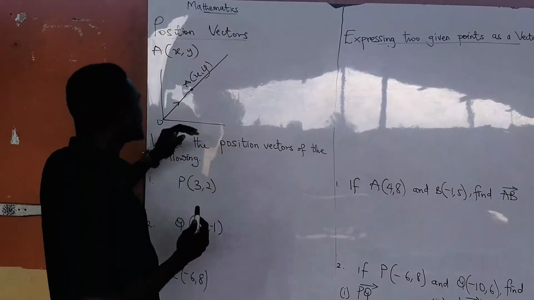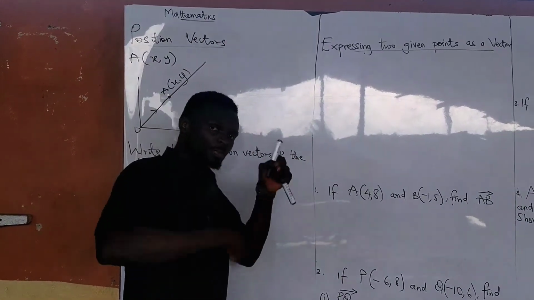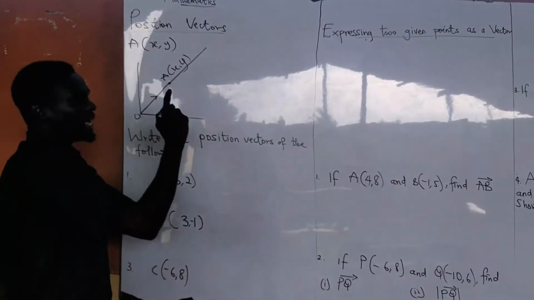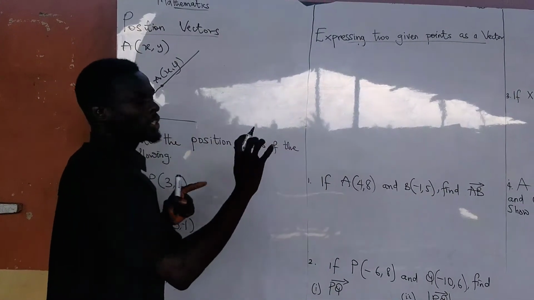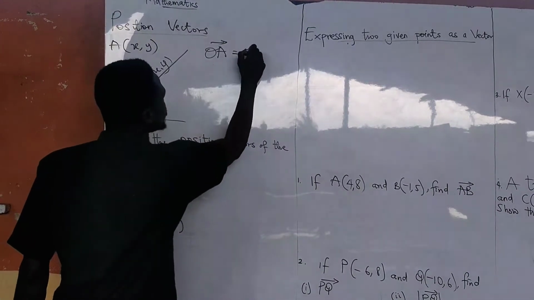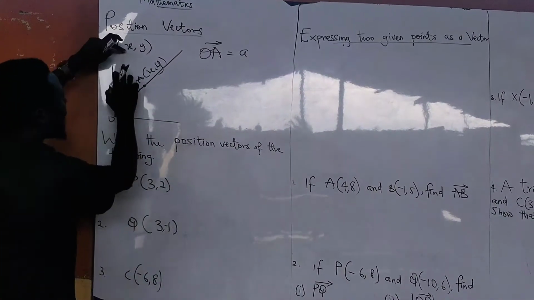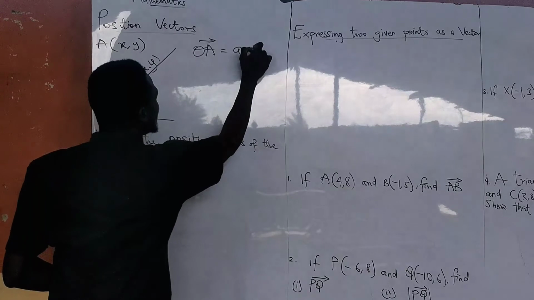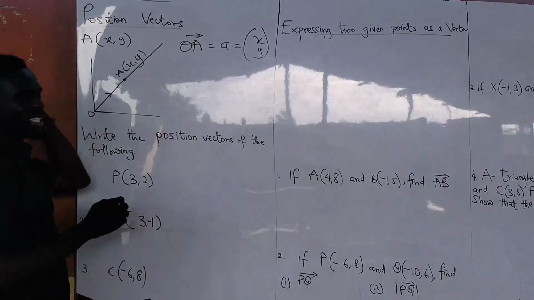If we want to write this as a vector, since it is referred from the origin, it gives us the vector OA, which is equivalent to small letter a. So now that OA is a vector, we can write this point as a vector in a vertical column. The vector OA is the position vector of point A.